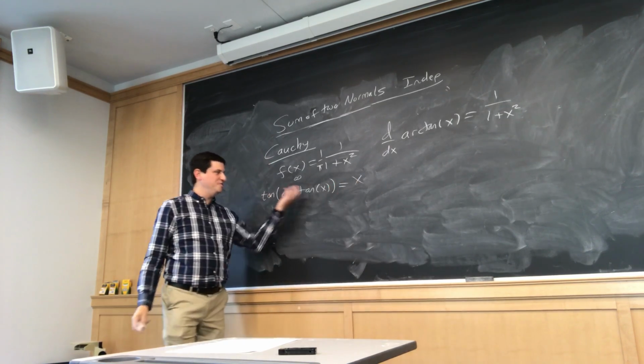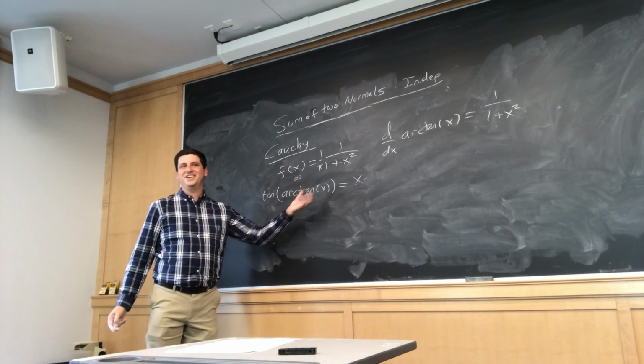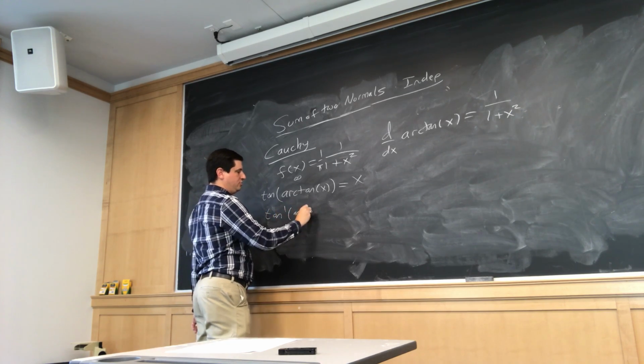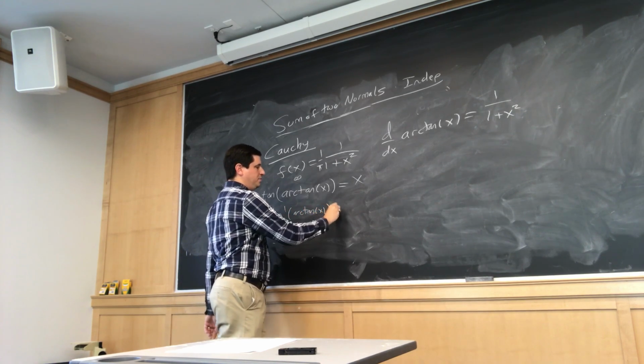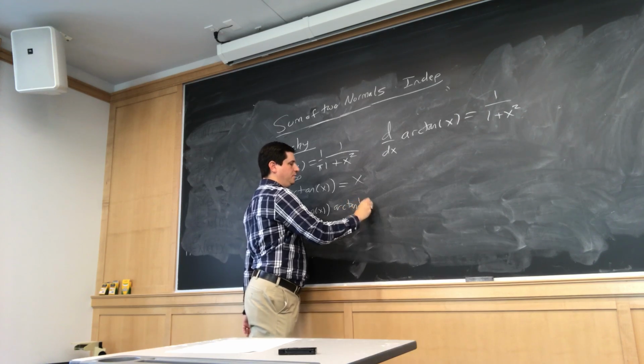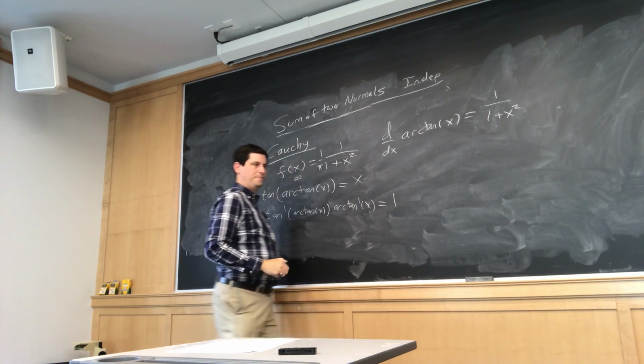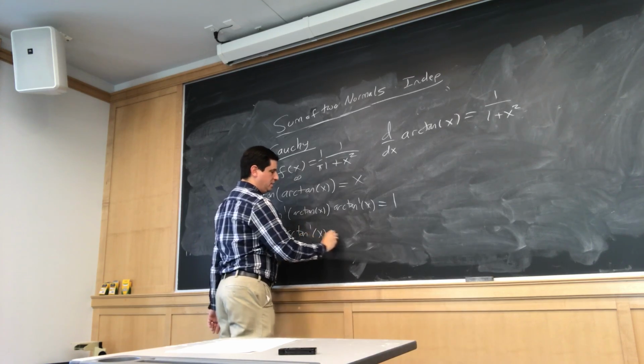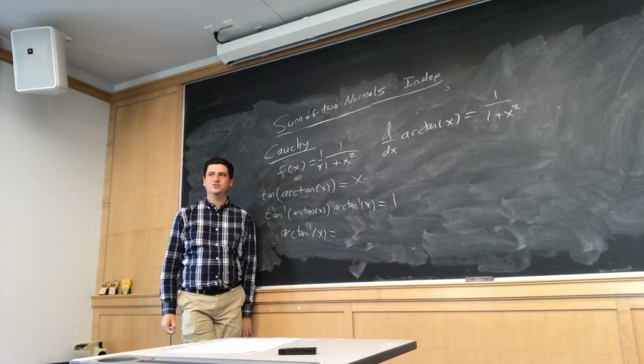I take the tangent of the angle whose tangent is x. I get x. So by the chain rule, tangent prime at arctangent of x times arctangent prime of x equals 1. So arctangent prime of x is 1 over tangent prime at arctangent of x.